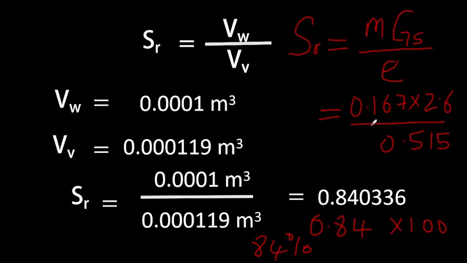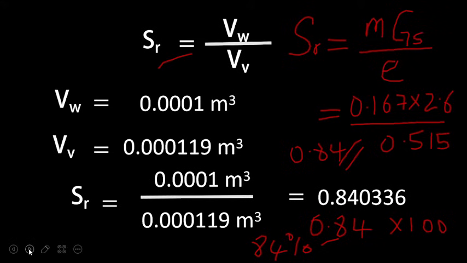So if you do this calculation, you're going to get 0.84 as the degree of saturation, which is the same thing as the other formula.